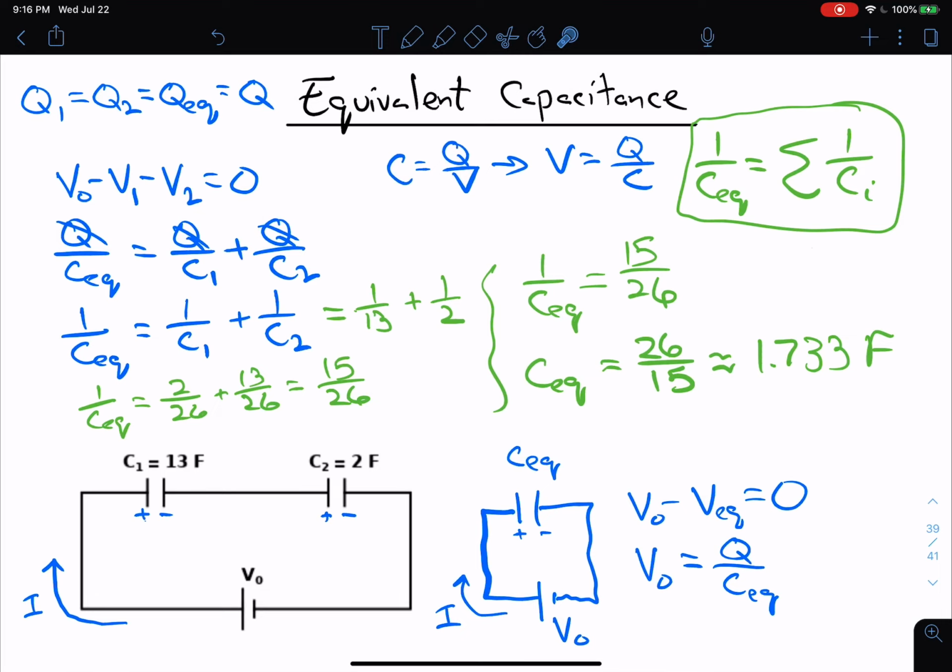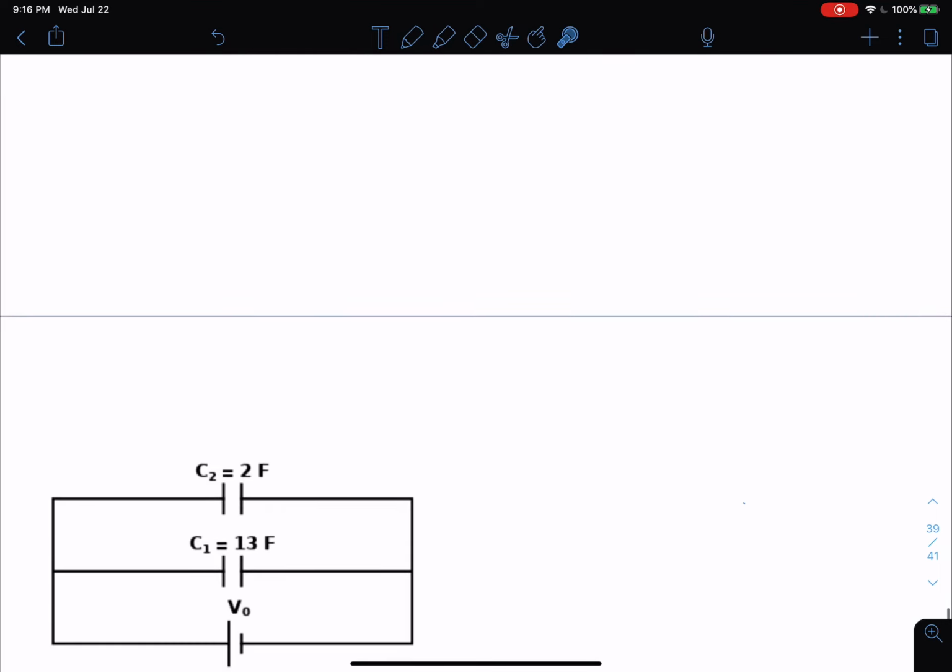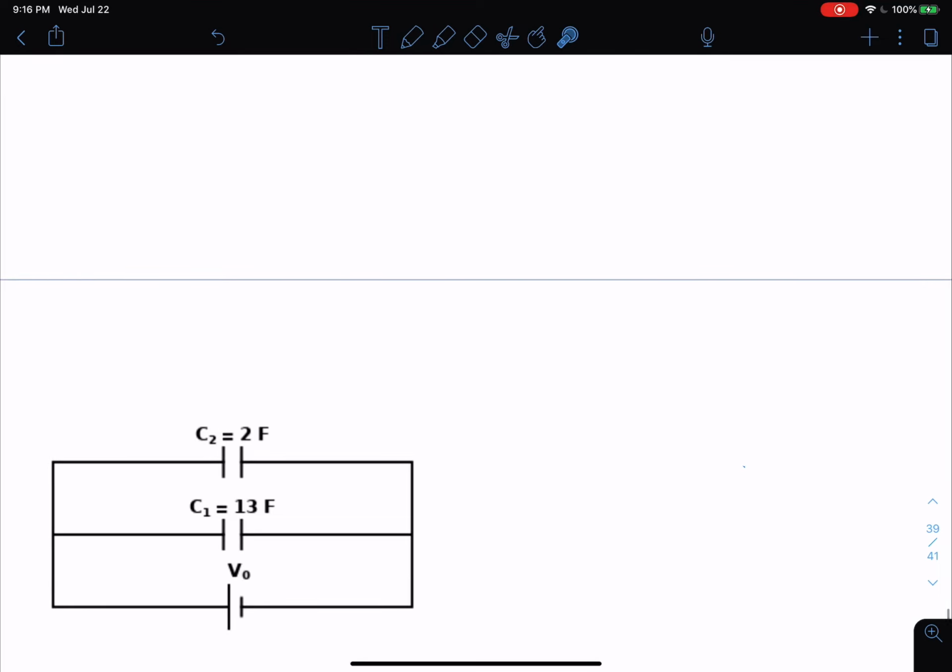Okay, let's look at the parallel case. Okay, so here is the parallel case. First off, let me point out that these are connected in parallel, and I know that because a charge comes down, it's going to hit a junction, and it has to pick which path to take.